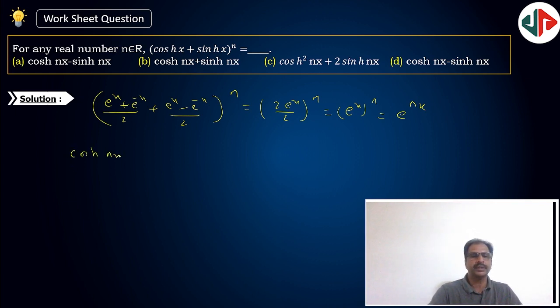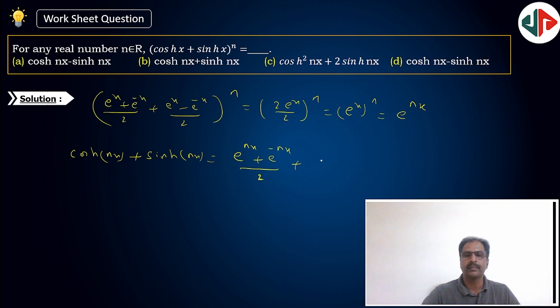And the cos h of nx plus sin h of nx will be equal to e power nx plus e power minus nx by 2, and this is e power nx minus e power minus nx by 2. By simplifying this, you get 2e power nx by 2, which is e power nx.